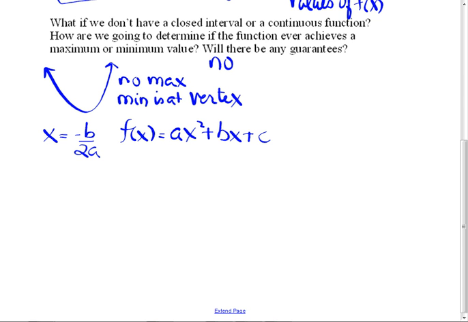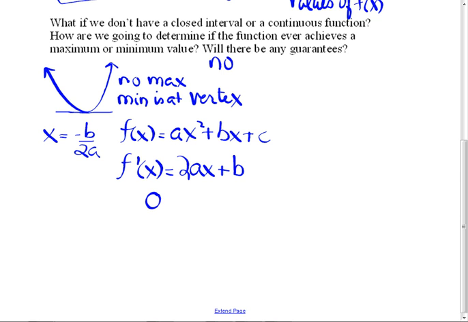What's true about the derivative at this vertex? Why does this work? What's true about the slope here? It's 0. If anybody can't see, you can take my iPad. So what's f prime? Let's take the derivative and set it equal to 0. It's 2ax plus b.